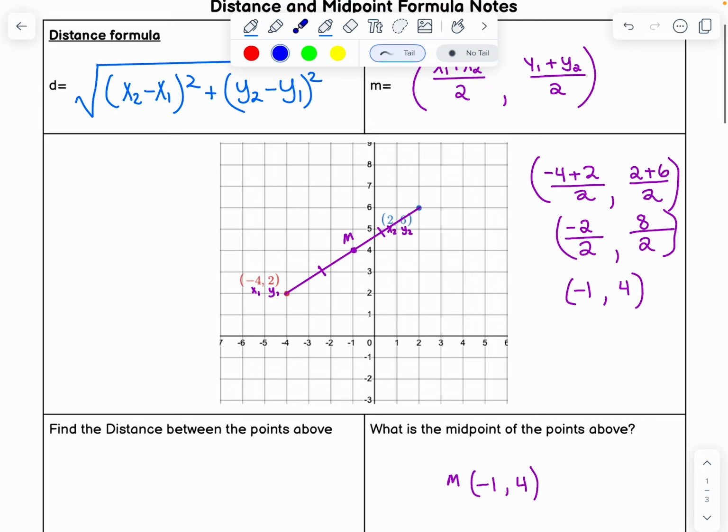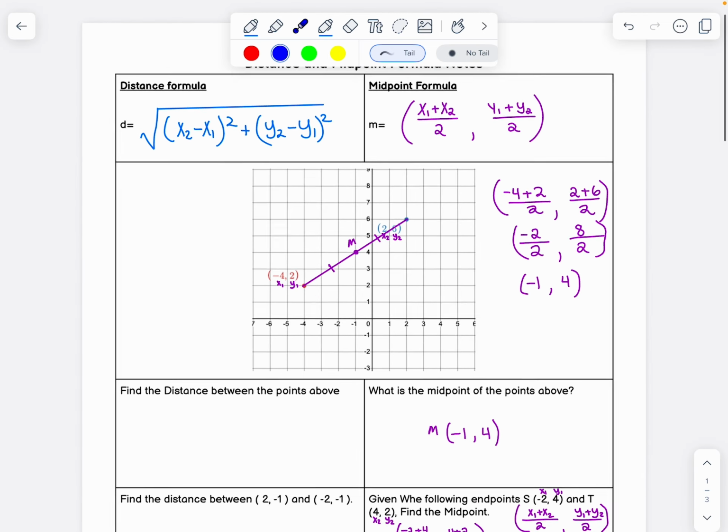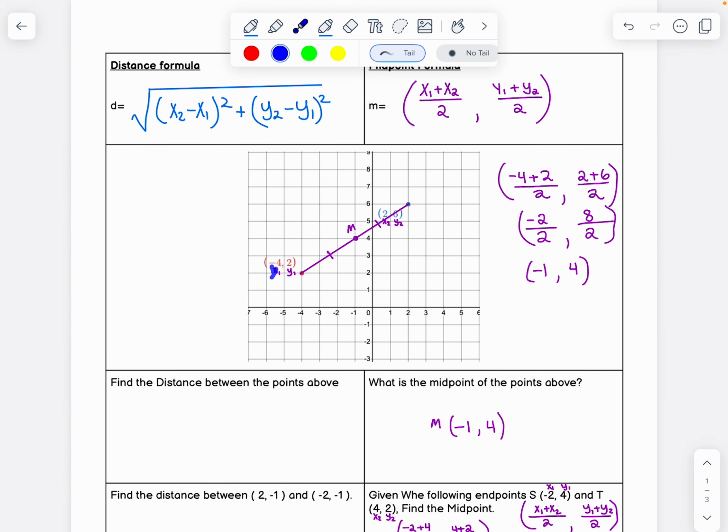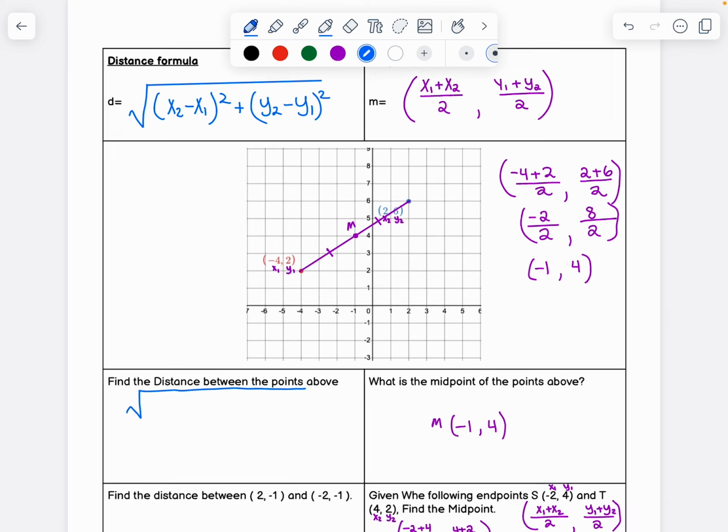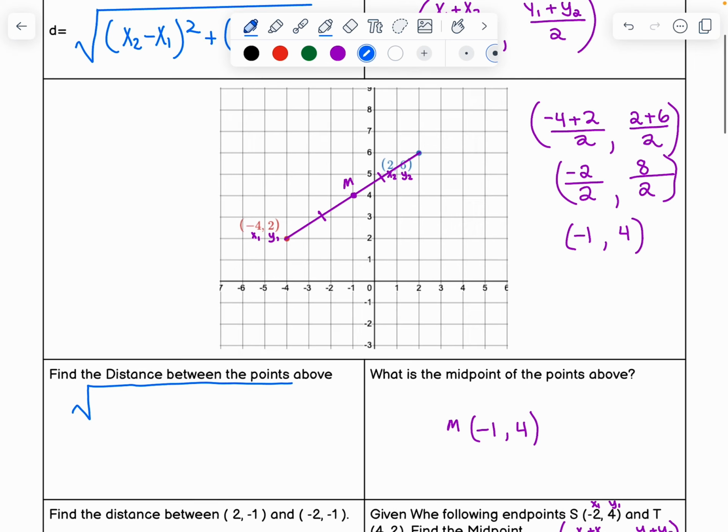Find the distance between the points above. Luckily, we've already labeled our points. We have x1, y1, x2, y2. And so all we have to do is take those points and plug them into our formula. So our x2 is 2, minus our x1, which is negative 4.